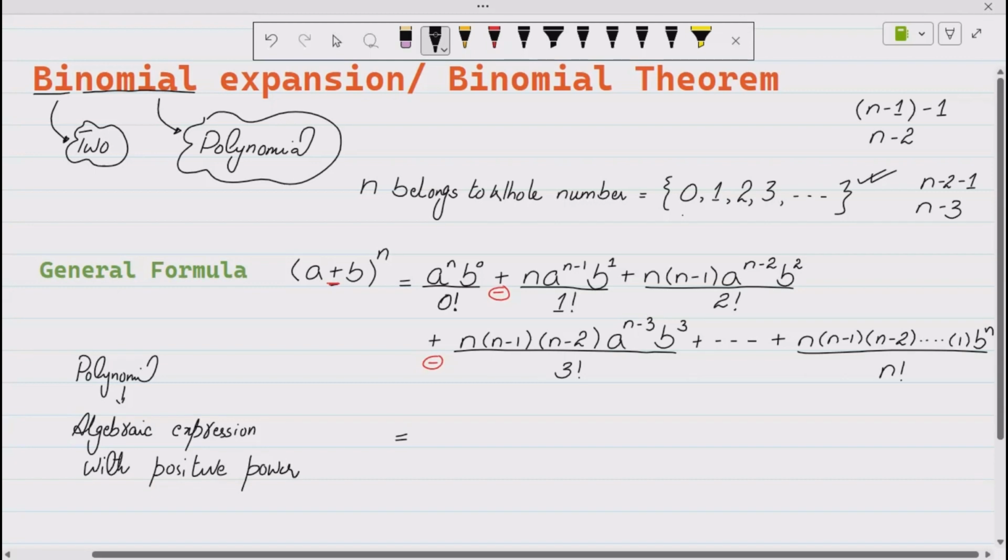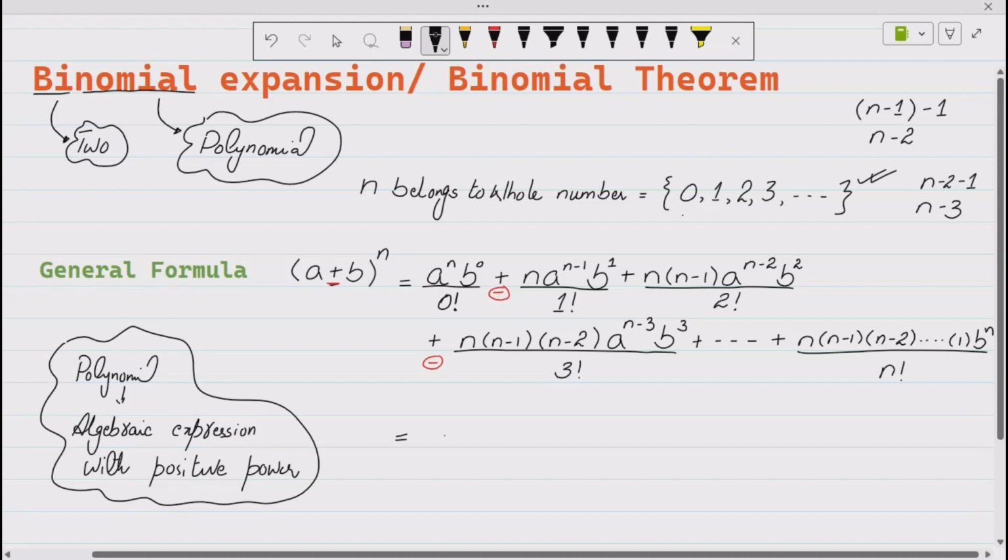So you see that n is positive. So n minus 1, n minus 2, n minus 3 are all positive numbers. Now, if you want to learn more about polynomials and algebraic expressions, we already have a video about this. Please check out our other videos as well.